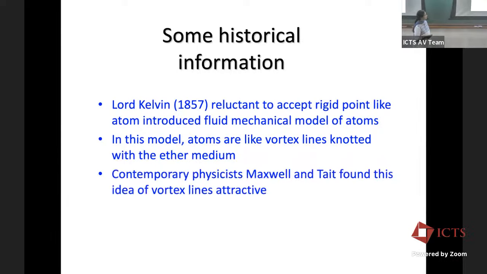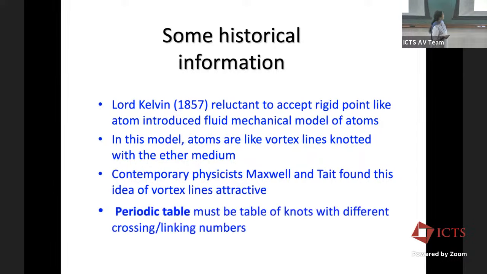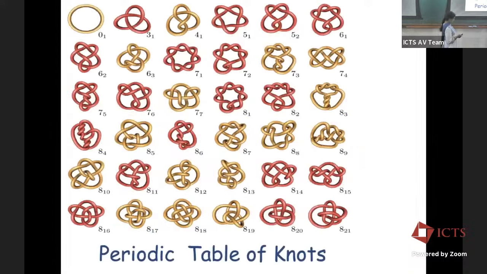Then the next question is that they liked this idea of vortex lines. And then the periodic table we saw should be seen as a periodic table of knotted things, and it's very beautiful. Just like the periodic table, all these atoms can be seen as vortex lines knotted in another medium.